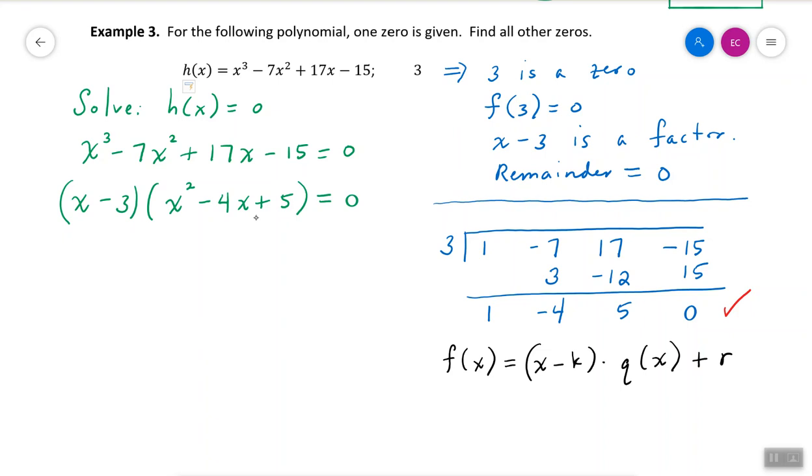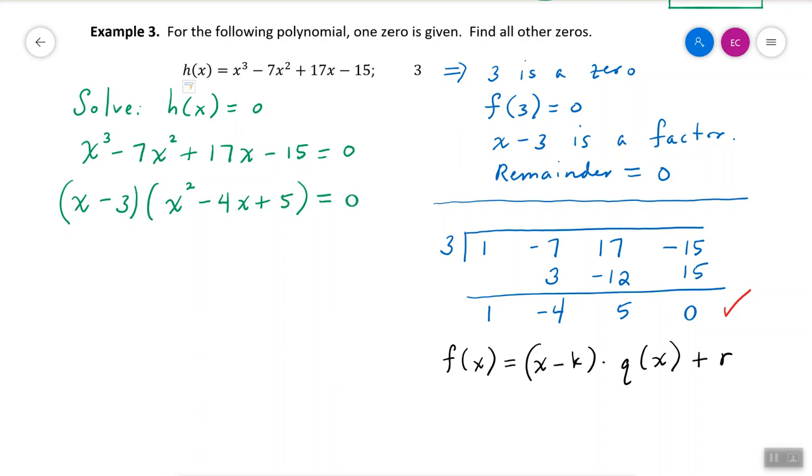Now, can we go ahead and factor this quadratic? Try for yourself. I don't think it's going to work. So we'll just leave the quadratic as it is.